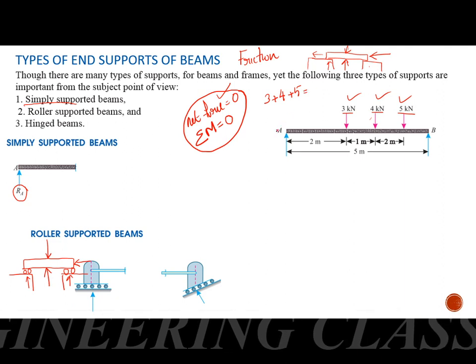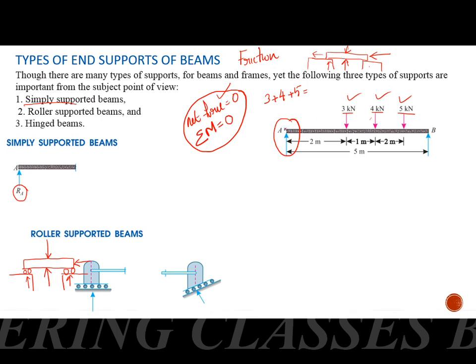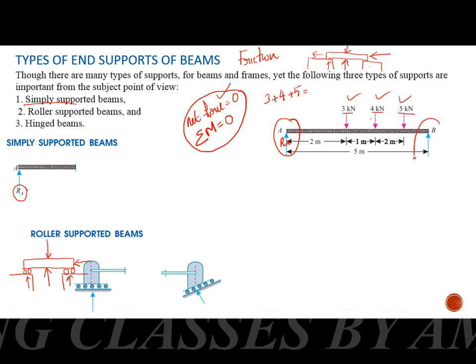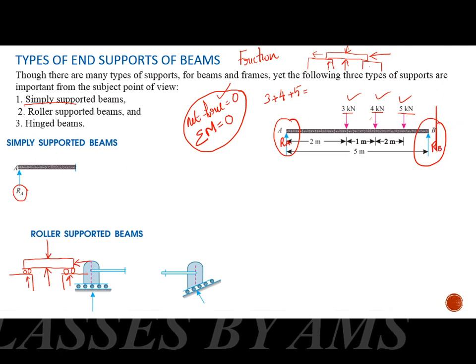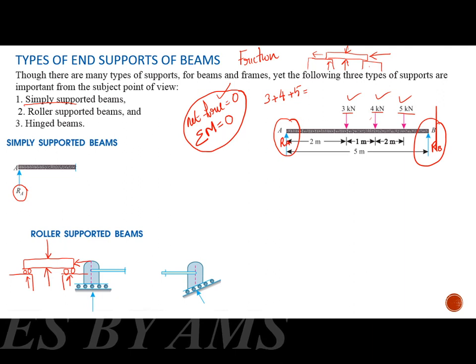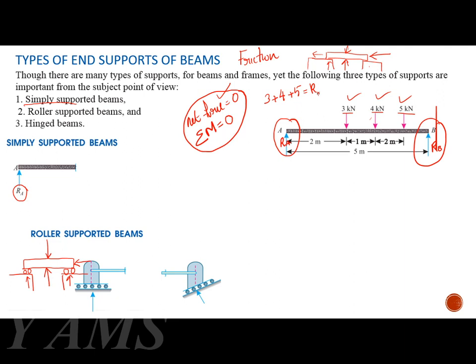That is equal to the upward force. Here is a reaction at point A, we will be naming it RA, and here we have another reaction, we will be naming it RB. These two will be acting in the upward direction. So we will write this is equal to RA plus RB.